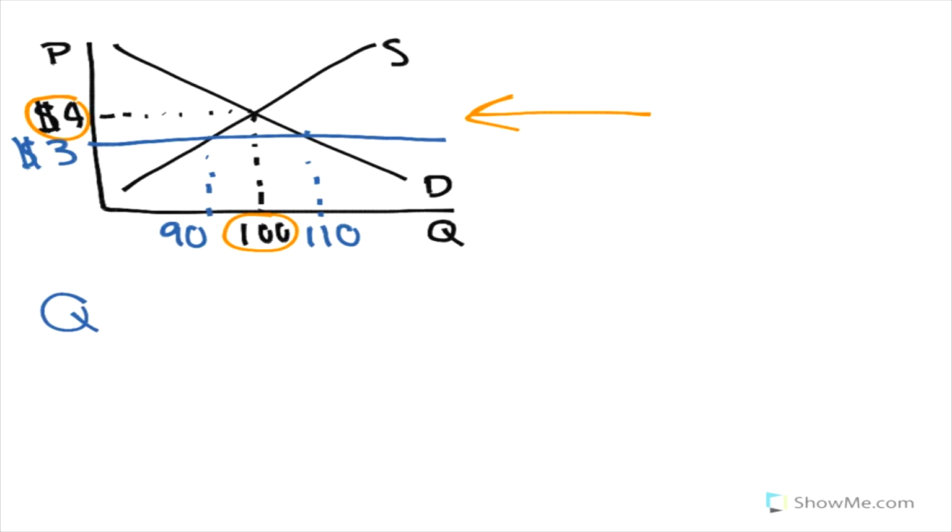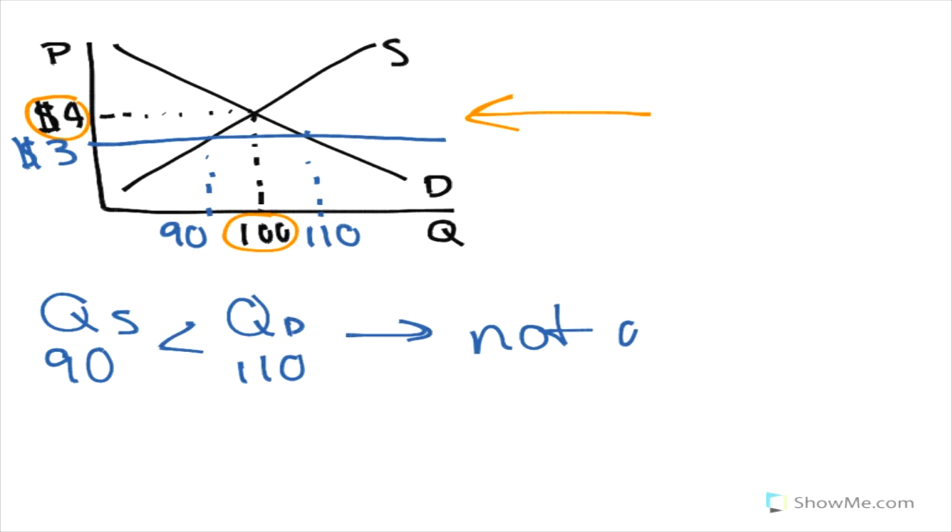So now we have quantity supplied is 90, quantity demanded is 110, and now quantity supplied is less than quantity demanded, so this is not a surplus.